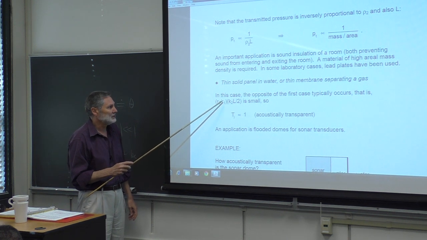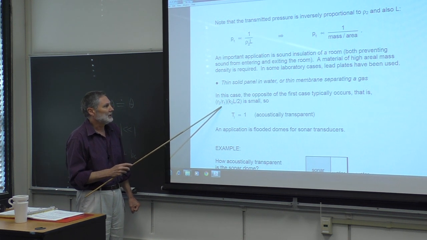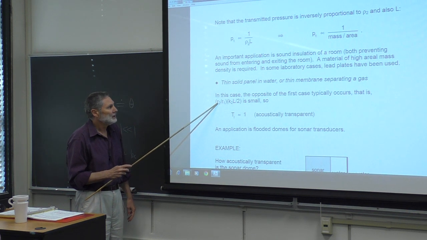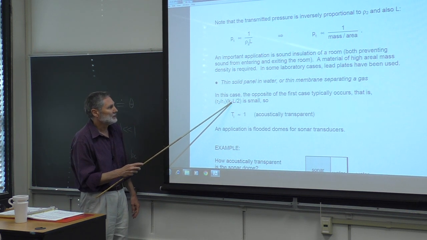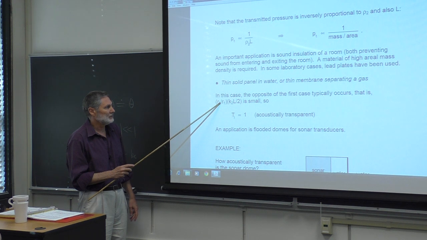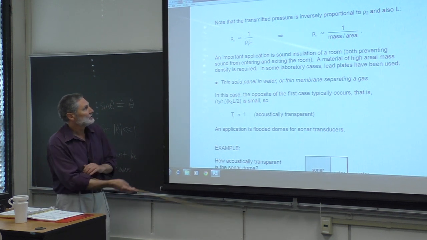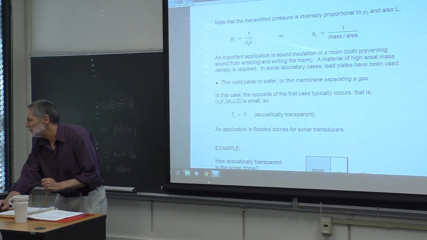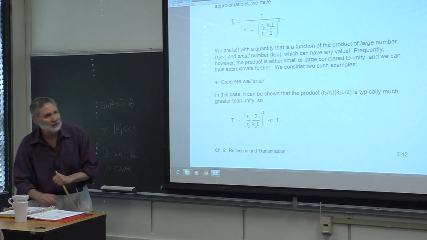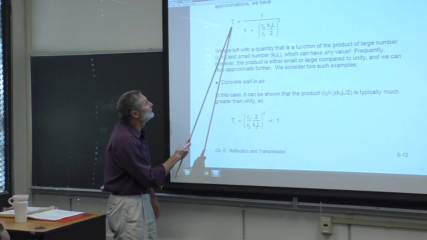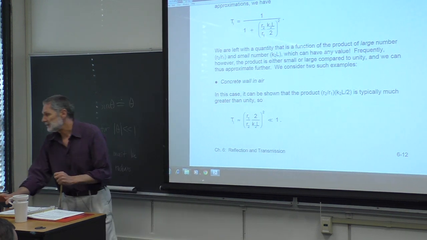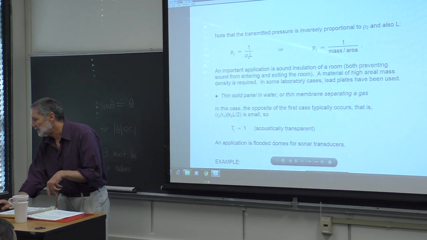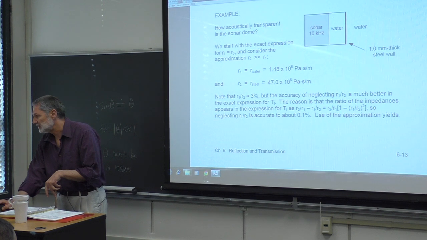In this case, instead of this dominating like it did for concrete, now it's the other way around. Now the smallness of this beats out the largeness of this. So now we have a small quantity, our one quantity here. We beat it down to one quantity. So now this is small, so now we get good transmission. And again, this is valuable because we've actually quantified it here.